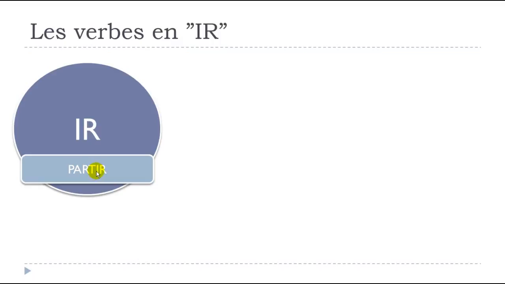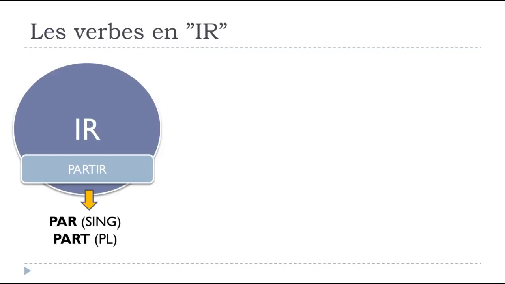As I said, the idea is that we will have two different roots, two different stems. The first one will be PAR for the singular form, so we're talking about je, tu, il and elle. And then for the plural form, we will have PART, and we're talking about nous, vous, ils, elles.